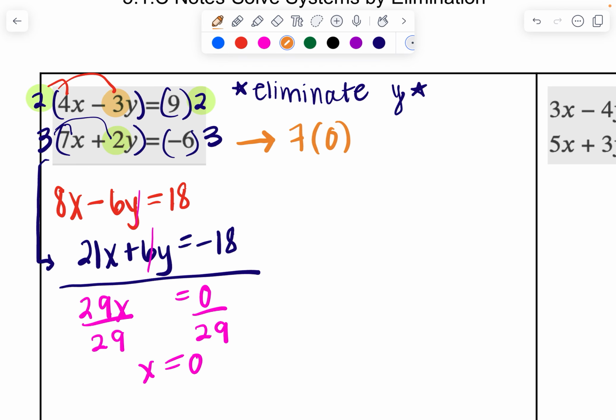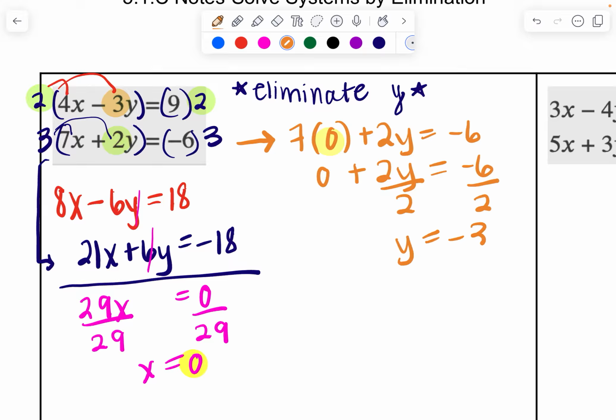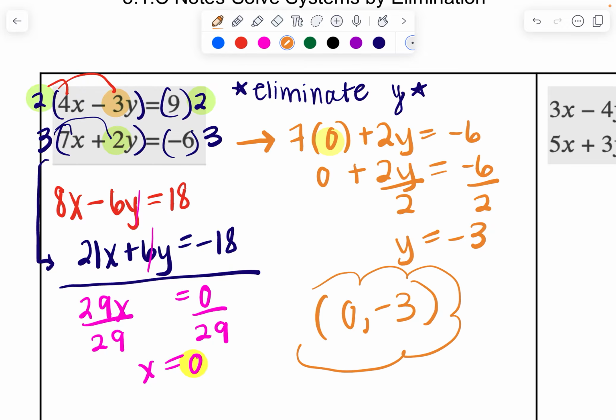So instead of 7x, I'm going to say 7 times 0 because that's what x is. Plus 2y is negative 6. So 0 plus 2y is negative 6. Dividing both sides by 2, I'll get y is negative 3. So my final answer, 0, negative 3.